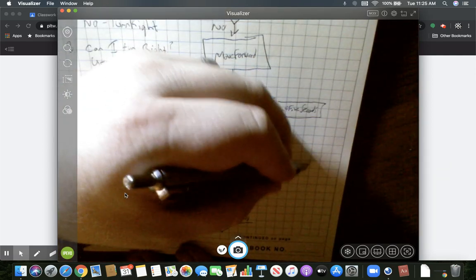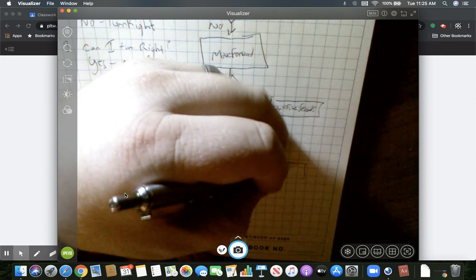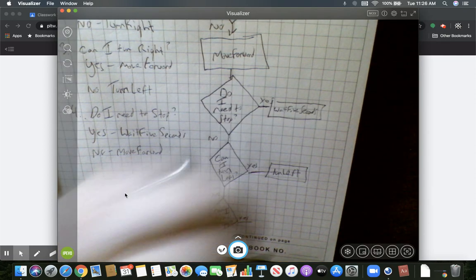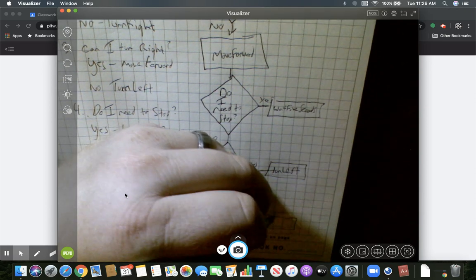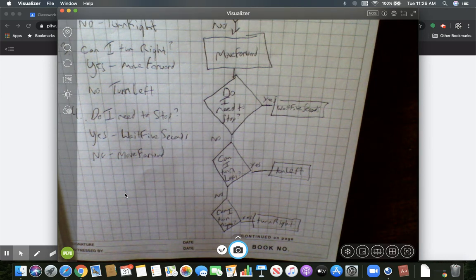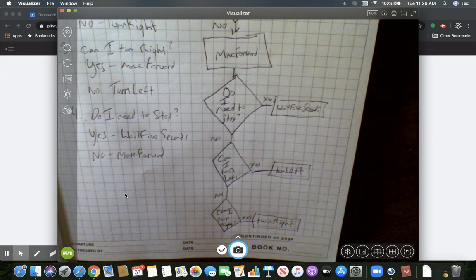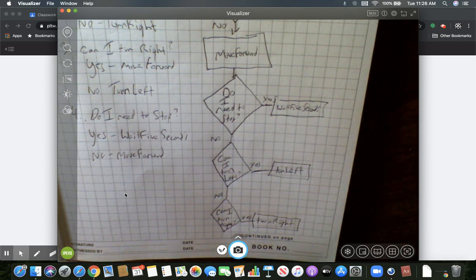So if I can turn left, all we need to do is tell the bus to go ahead and turn left. If I can turn right, well then, bus, turn right. If not, it's going to have to do the opposite. So these are just the same as saying move forward, but they're the opposite.